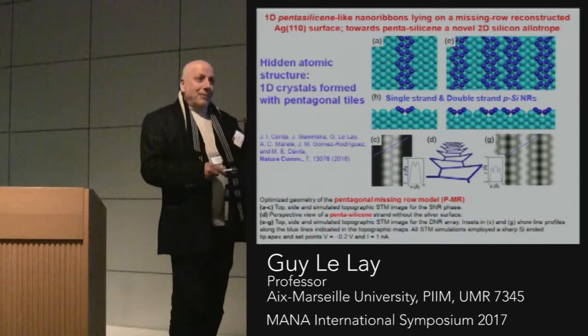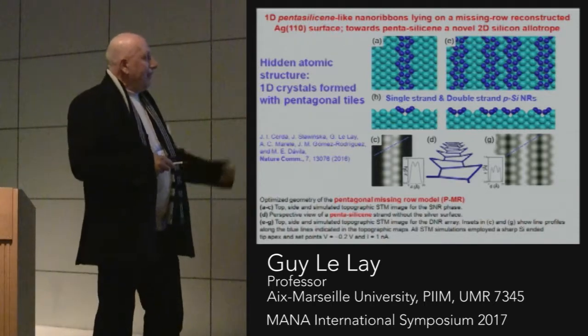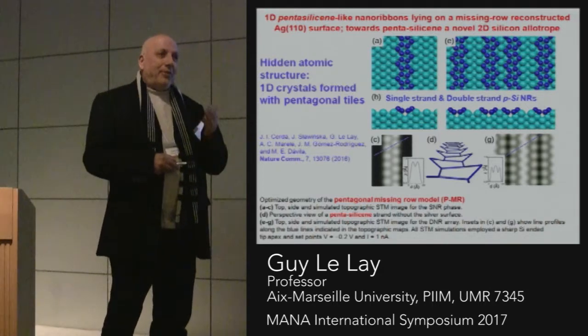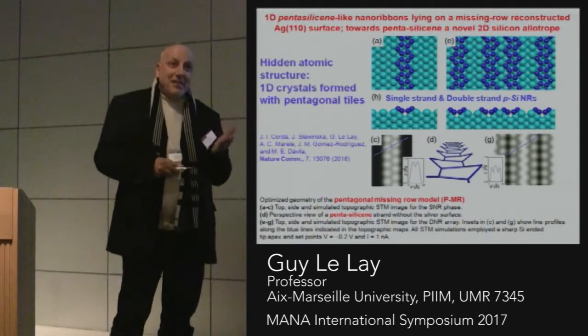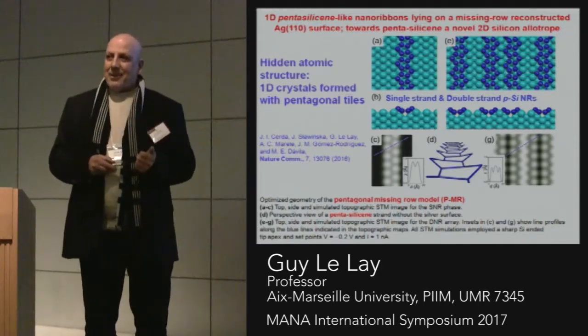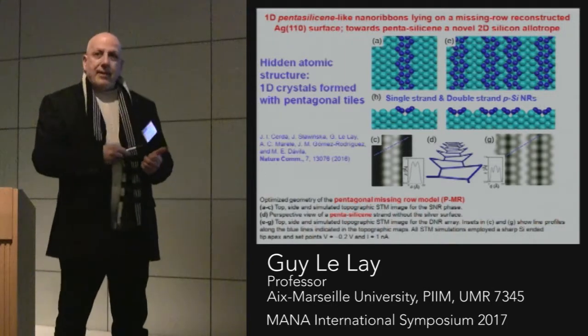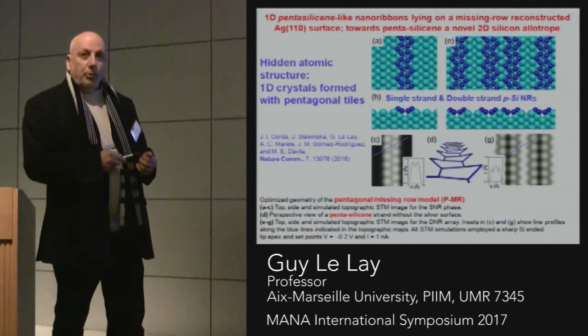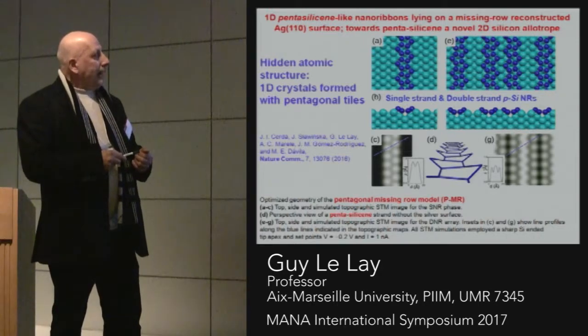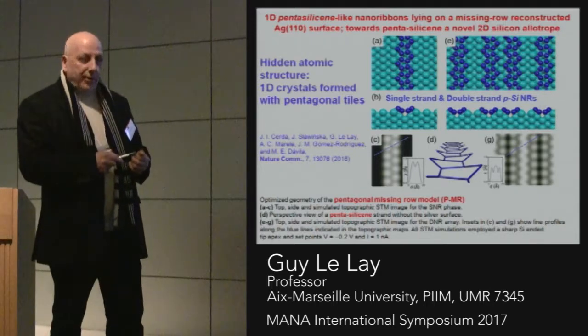Also, after 12 years, we could finally solve their structure. Their structure is really amazing. We thought this would be silicene nanoribbons. This is not real silicene nanoribbons. These are pentasilicene nanoribbons, crystalline nanoribbons, and the tiles are only pentagonal tiles, and they form 1D single-strand crystals or 1D double-strand crystals.